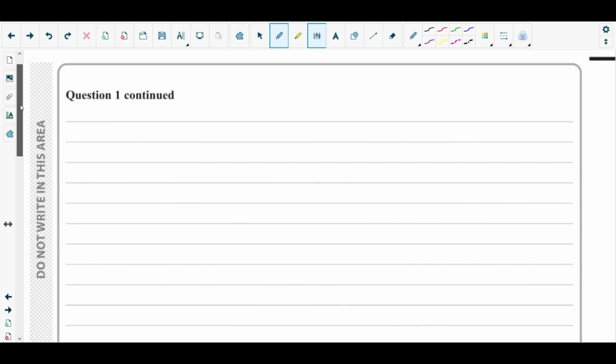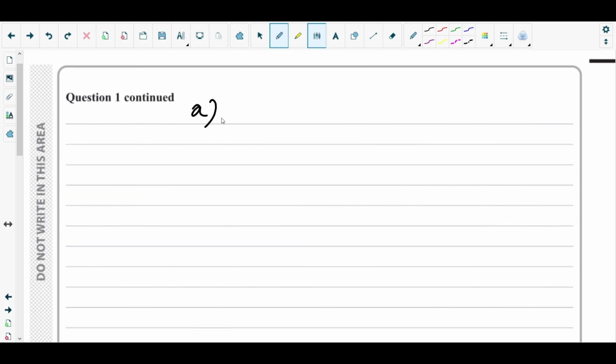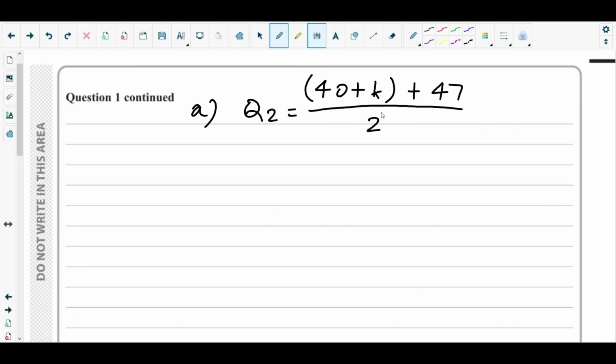For part A, Q2 is the average of the 16th term, which is 40 plus k, and the 17th term, which is 47.